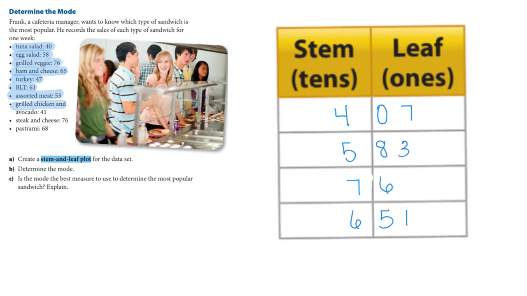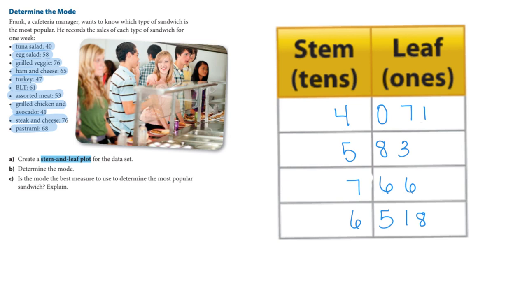Grilled chicken and avocado is 41, so I'll add a 1 to the leaf column. Steak and cheese is 76, so I'll add another 6 to the 7 stem. And pastrami is 68, so I'm going to add an 8 to the 6 stem.